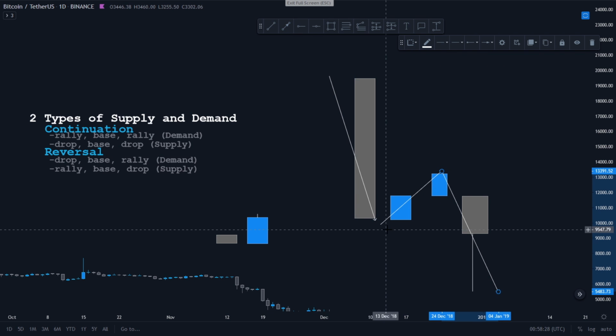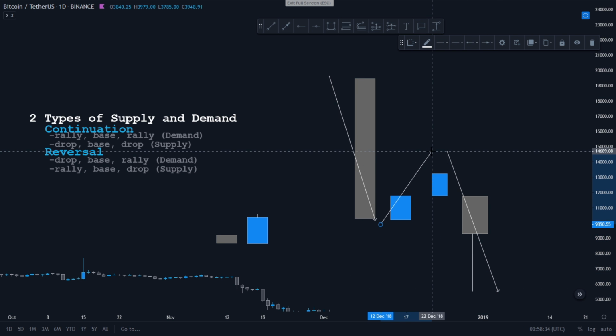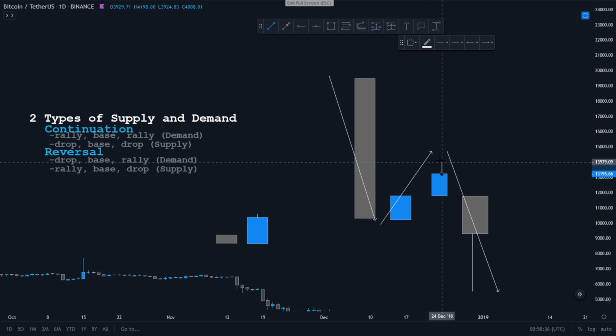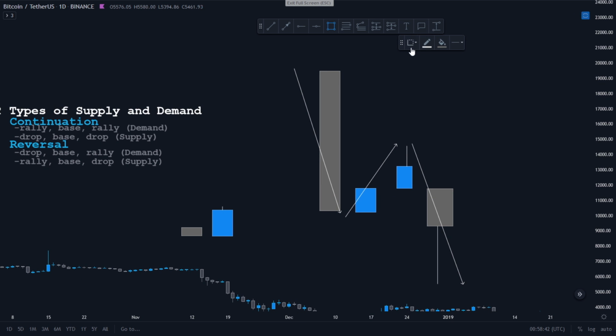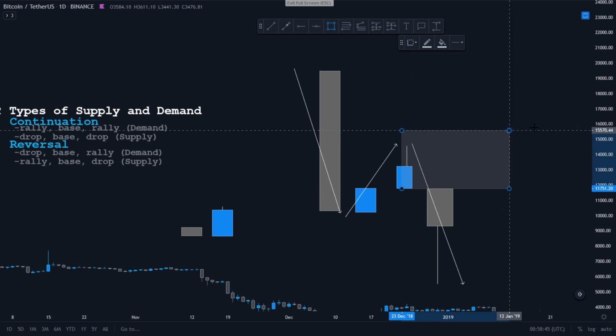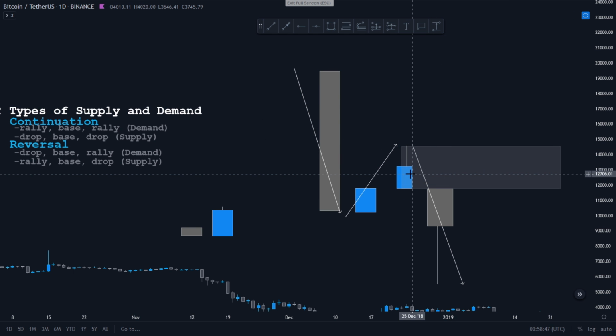So drop, base, drop. And if this is the wick here, of course you draw your supply zone like this. You take the last up candle and then you see the higher high, so you have a supply zone, which is the last up candle before the move that led to a lower low. Okay, drop, base, lower low here, so this is your supply zone.